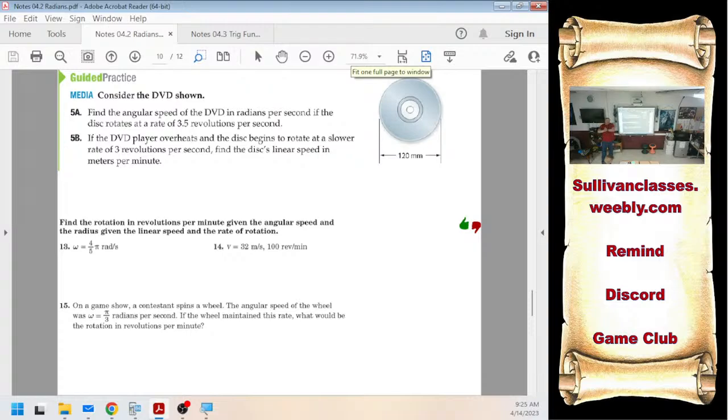So I will use that to take angular and linear and I will work towards radius for both of them. And then in the middle, I'll just get an equation of like 5x equals 7 and then divide. Or nastier numbers, okay? So find the rotation in revolutions per minute given angular speed, check. The radius given linear speed and rate of rotation, so that's number 14.